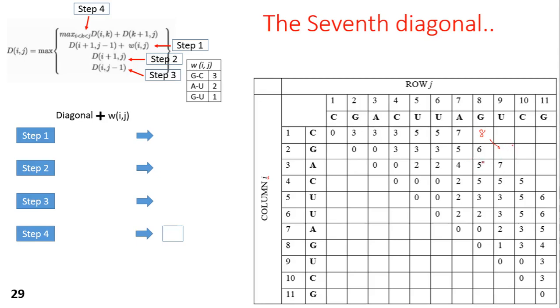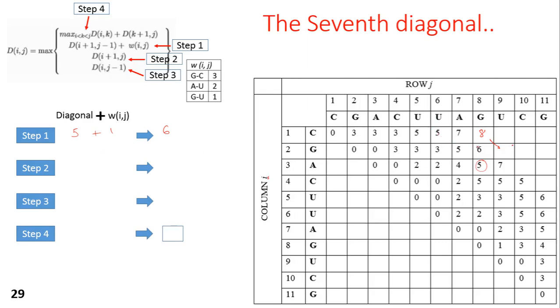For populating this box, we need the value from the previous diagonal box, that is 5. Can we add a weight value? This box corresponds to base pairing of U with G. 5 plus 1, we have got 6 over here.